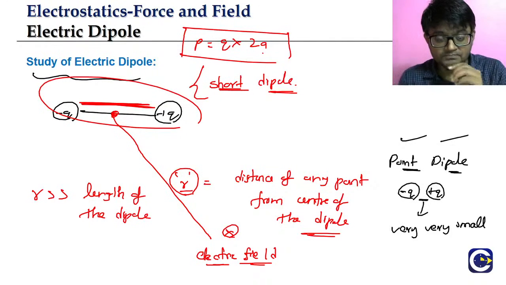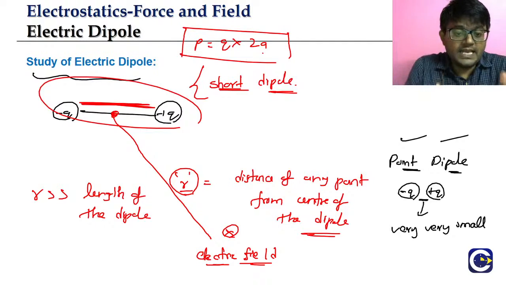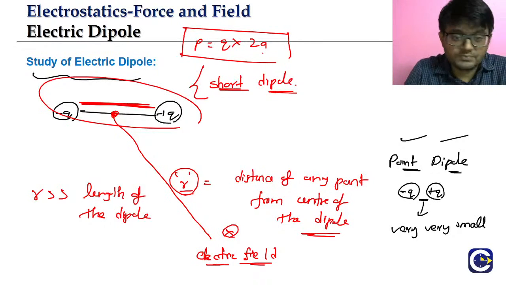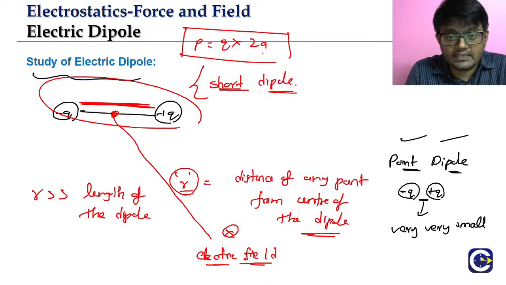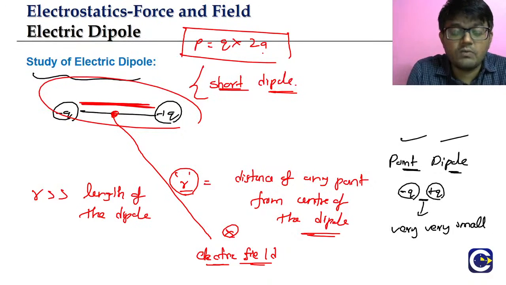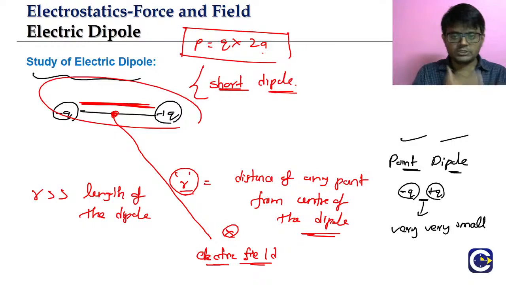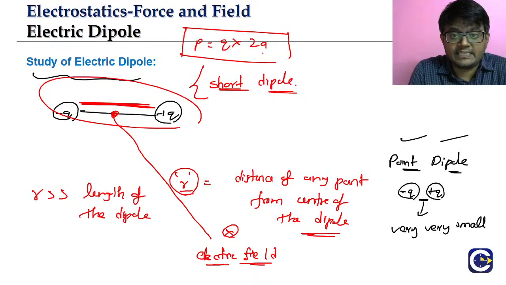But if in a place we have many dipoles, then like the way we talked about any vector, when there are many vectors we talk about the net or resultant value. When many forces act at a place, we talked about net force. When many electric fields act at a place, we talked about net electric field.